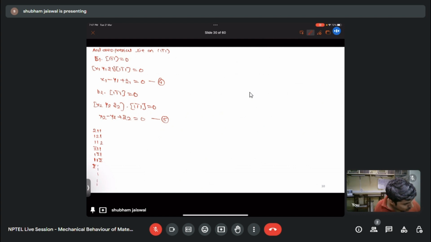Now put these possibilities in equations 1, 2, 3, 4, and 5 and find out which of these indices satisfy the conditions: x1 plus x2 equal to 0, y1 plus y2 equal to 3, z1 plus z2 equal to 3, and x1 minus y1 plus z1 equal to 0, and x2 minus y2 plus z2 equal to 0. Please try to put all these indices and tell me the answer.